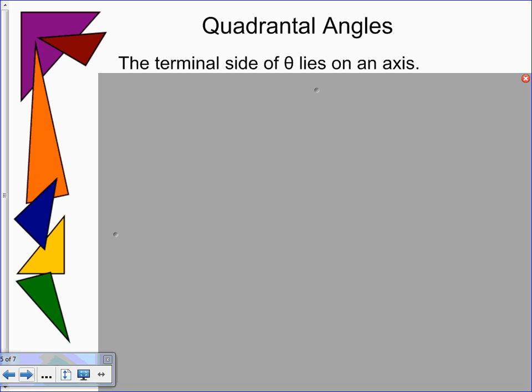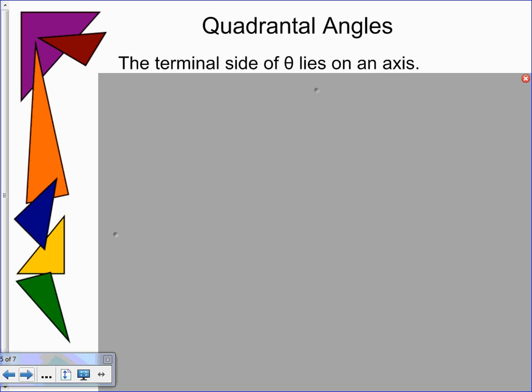Once you get used to them, they're actually pretty easy. There's only certain numbers you can use here. What word is in quadrantal? Quadrant, that we've been using. Yeah, quad's in there, but quadrant, we've been using that a lot, right? So quadrantal angles are the angles that make up the quadrants.